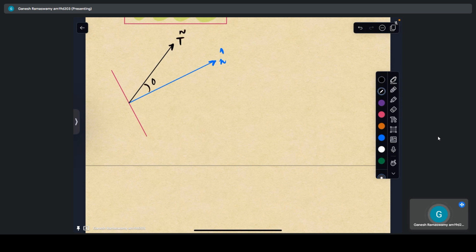So this angle is what is asked. So we know that this quantity is nothing but my normal stress, and this quantity is nothing but my shear stress. So from here it follows that tan theta is nothing but tau n by sigma n.